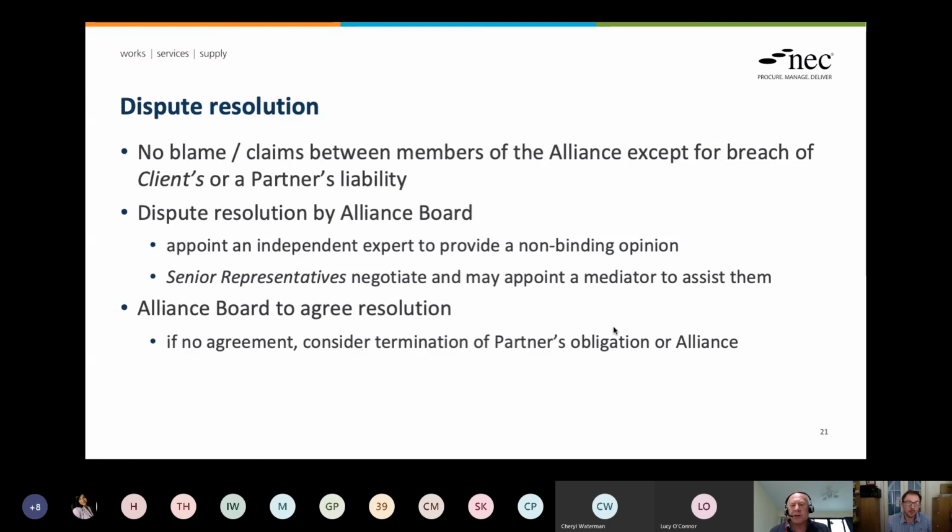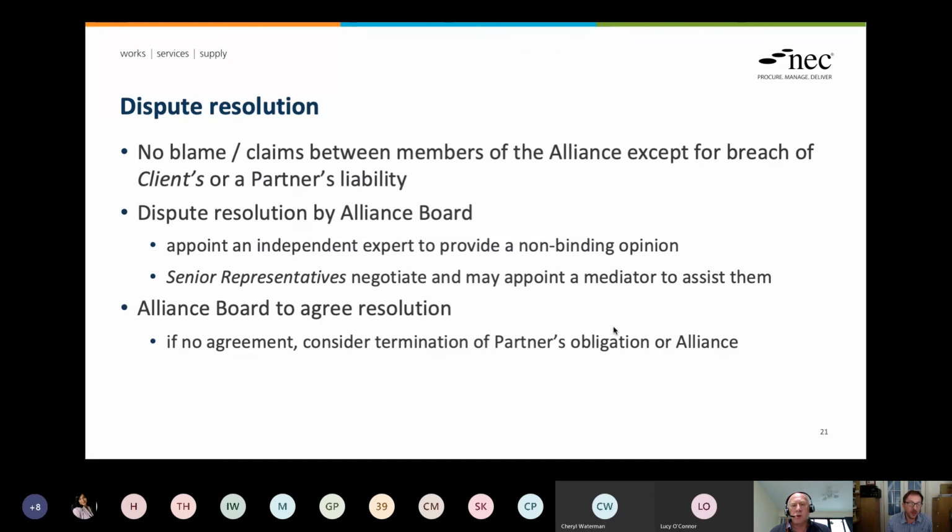I haven't got the Alliance contract to hand, but where do you go after that? Do you bob off to court or arbitration, or whichever one of those you choose? I was just looking at it as we were talking. I suspected that. Unlike more traditional NEC contracts, there is no tribunal in this contract.